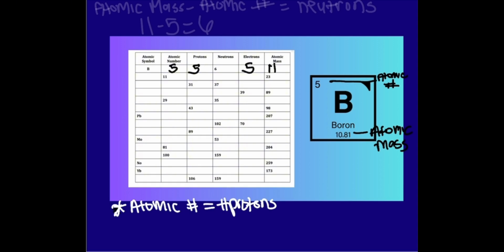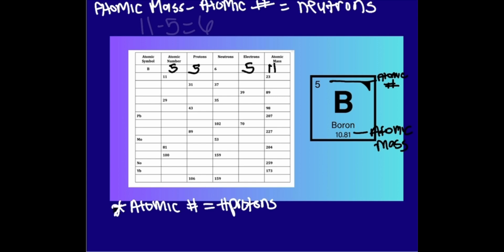This chart already filled in our number of neutrons, but for the sake of helping you to identify and going through a demonstration with you, I will show you how we got 6 as our number of neutrons. So remember that when we're trying to find the number of neutrons, the formula is our atomic mass minus our atomic number, which will give us our number of neutrons.